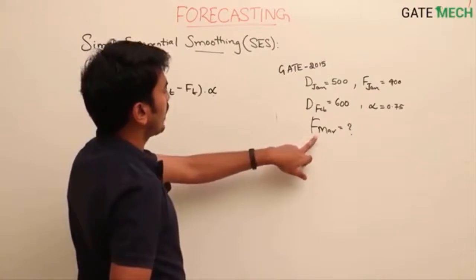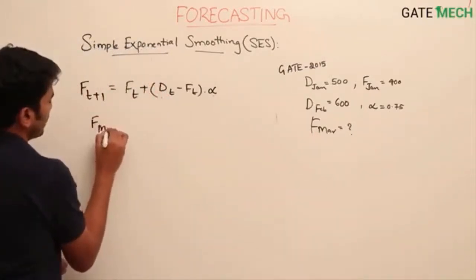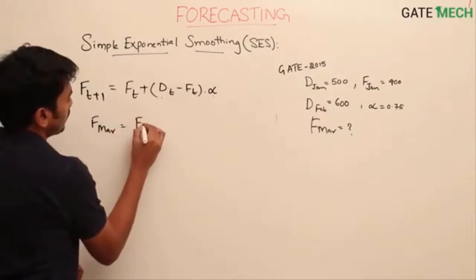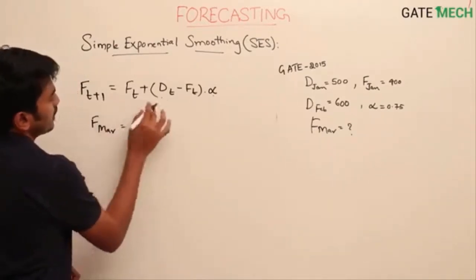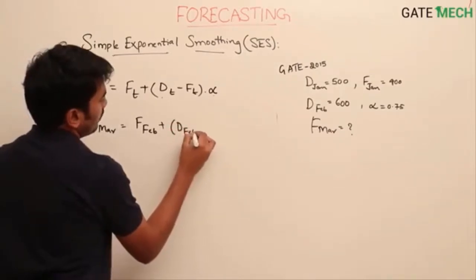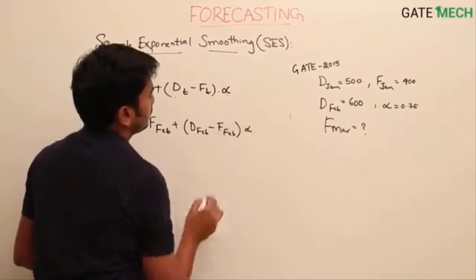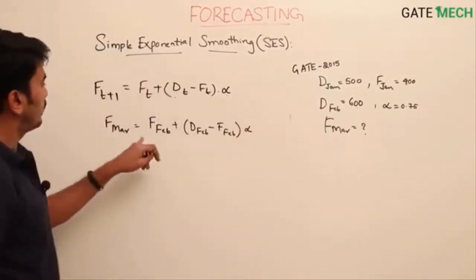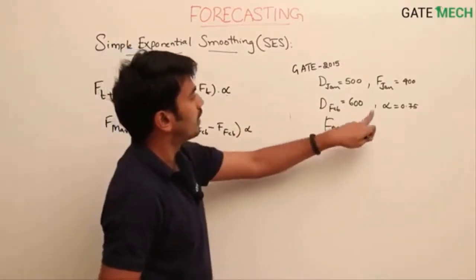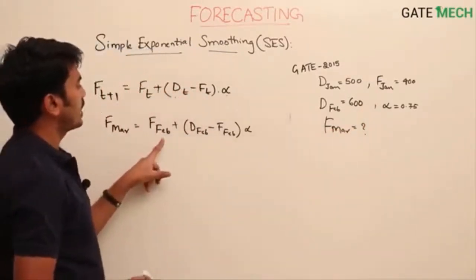So in order to find forecast for March, we need forecast for Feb as per this expression, and then the demand for Feb minus forecast Feb into alpha. Okay, but forecast for February is not given as per the data. So first we need to find forecast February.